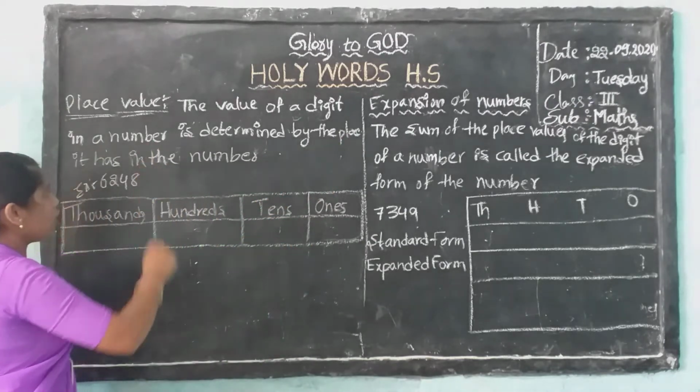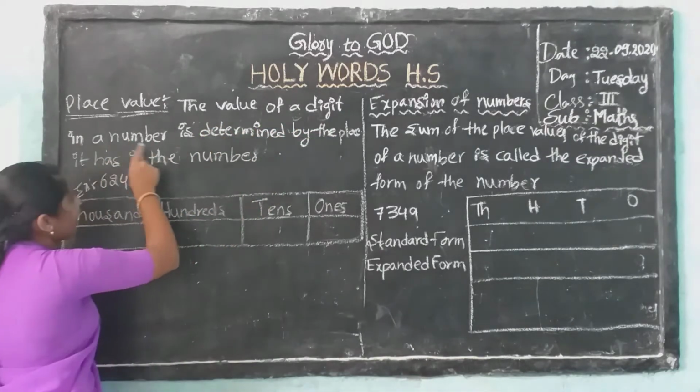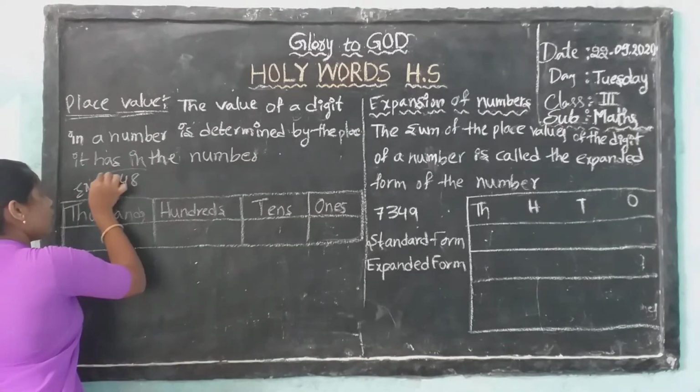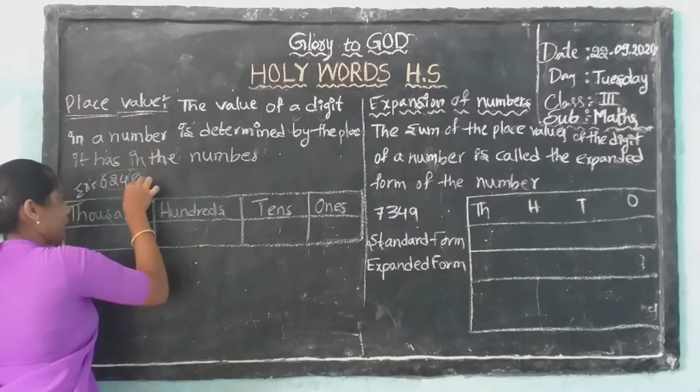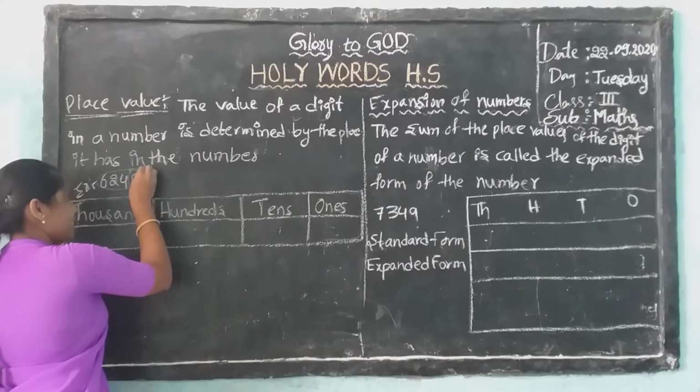First, place value. The value of a digit in a number is determined by the place it has in the number. For example, 6248. Which place is each digit in?